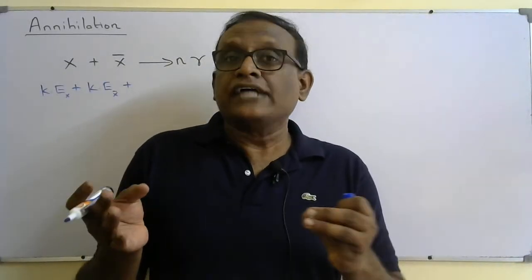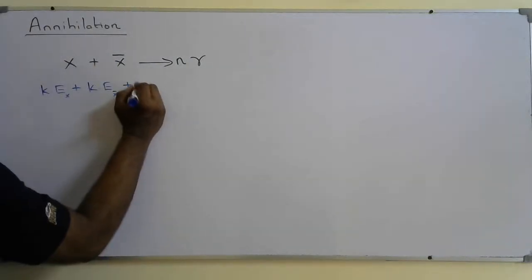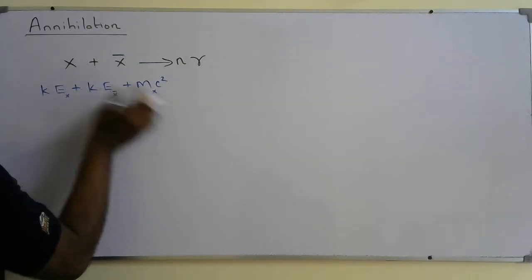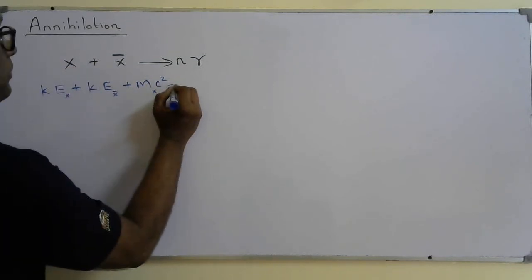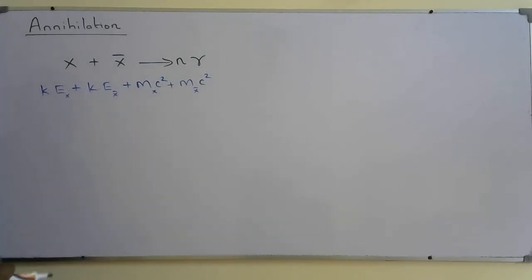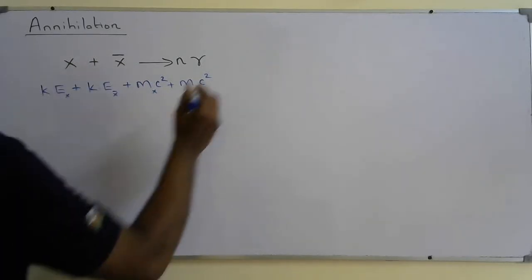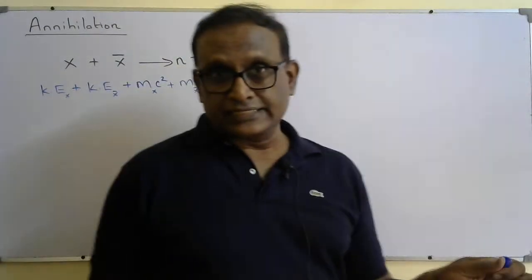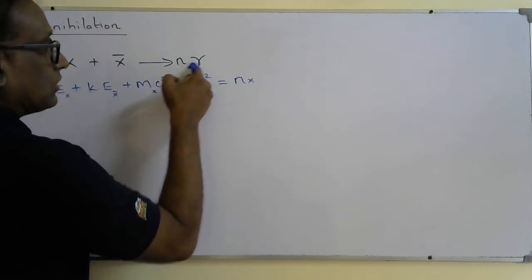So what should I do? I should find the equivalent energy of that mass. m_X times c squared gives the equivalent energy of a particle which has mass m_X, plus m_X bar c squared, the equivalent energy of the mass of the anti-X particle. That is equal to the total mass energy converted into energy, equal to n, the number of photons created, times the energy of a photon.